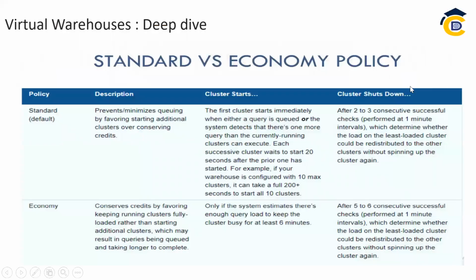Similarly, for shutdown, after 2 to 3 consecutive successful checks performed at 1 minute intervals, which determine whether the load on the least loaded cluster could be redistributed to the other clusters without spinning up the cluster again.